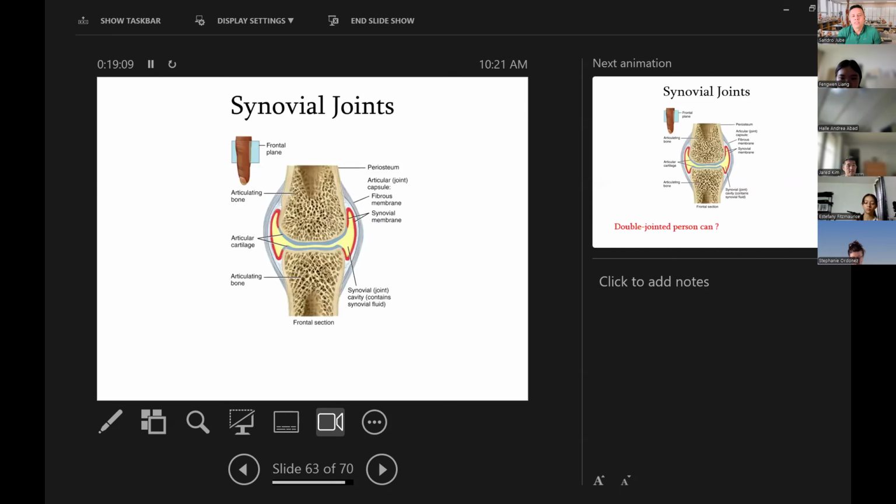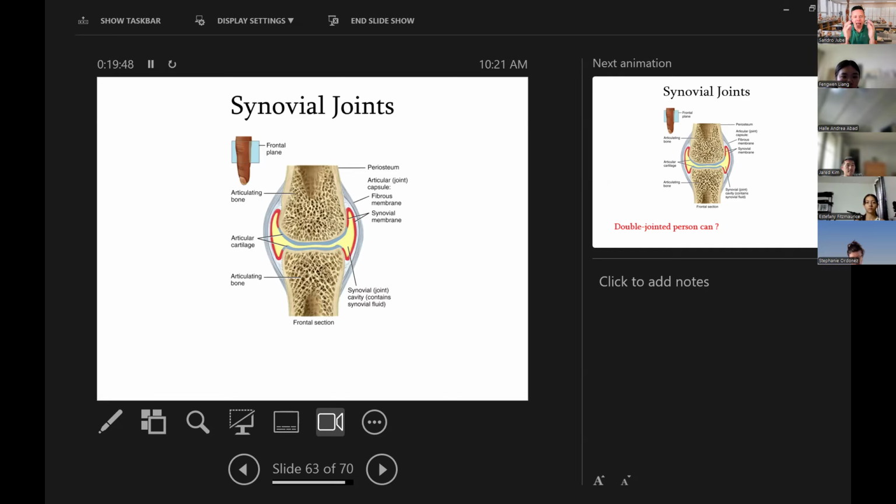Now let's take a closer look at the synovial joint. We have talked a little bit about synovial joints before because we talked about a membrane called the synovial membrane. Everybody look up here, please. What we're going to do is take a cut through our knuckle, the joint between our phalanges. And what we can see here in the red is the synovial membrane. The synovial membrane will completely encapsulate the joint.